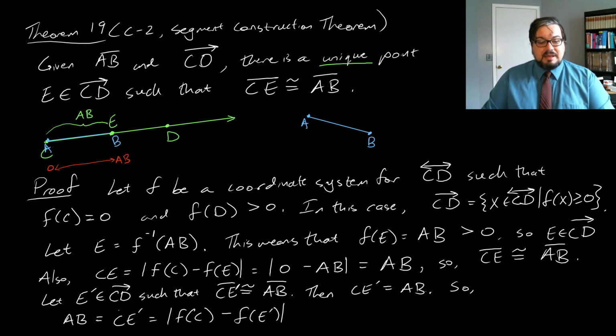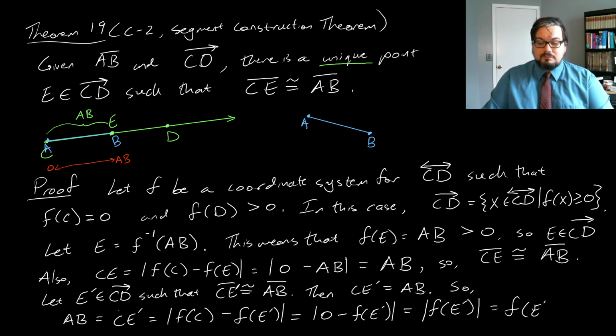So that's the absolute value of f of C minus f of E prime. So f of C is 0 minus f of E prime. So that all just becomes the absolute value of f of E prime. But we know that f of E prime is non-negative because E prime belongs to the ray CD. So this equality here is because E prime belongs to the ray CD.